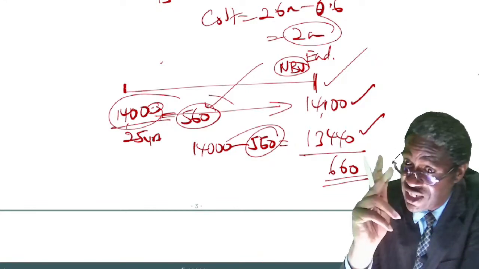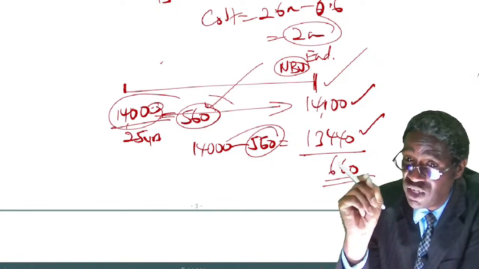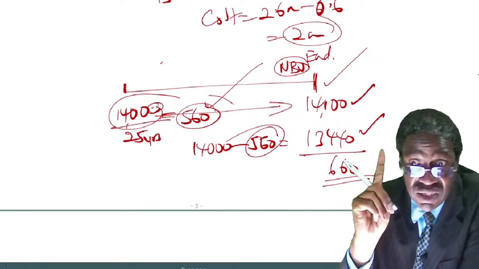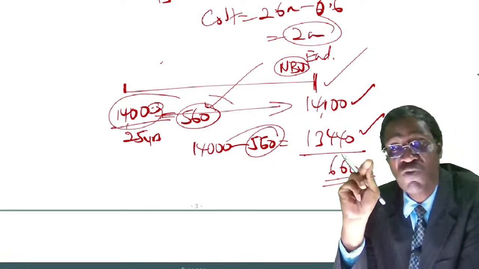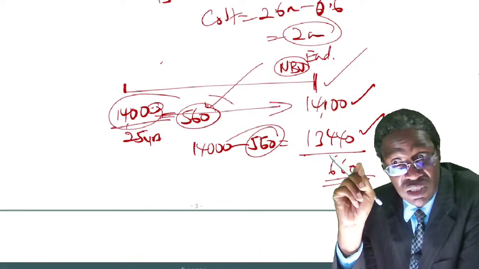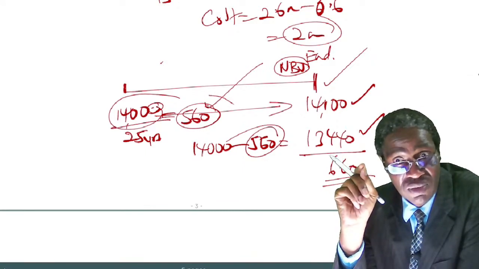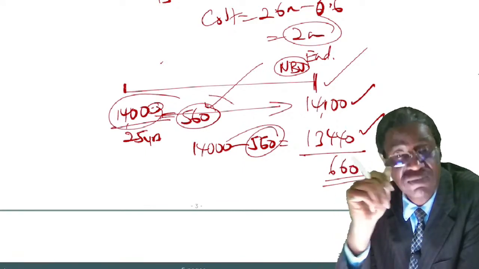So there are two things they are testing. One is the determination of the depreciation charge for the year, that 560. Number two, the determination of the gain or loss on revaluation. Now, listen carefully.